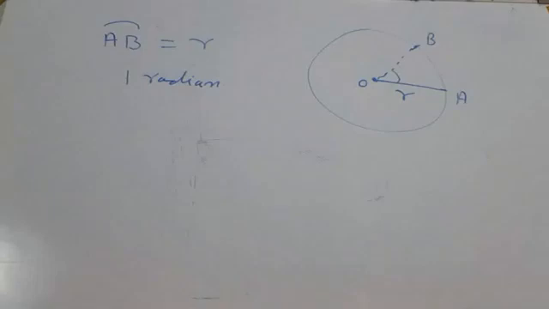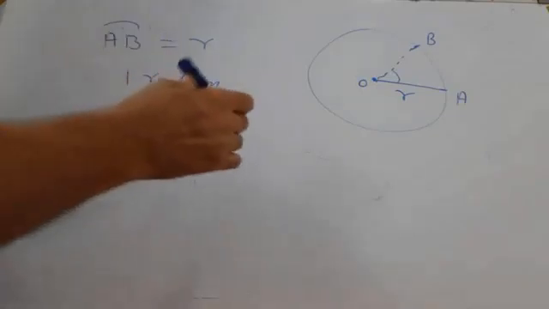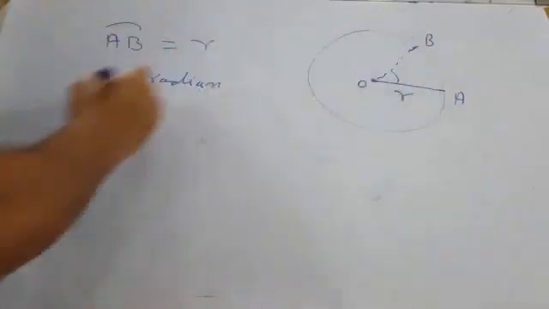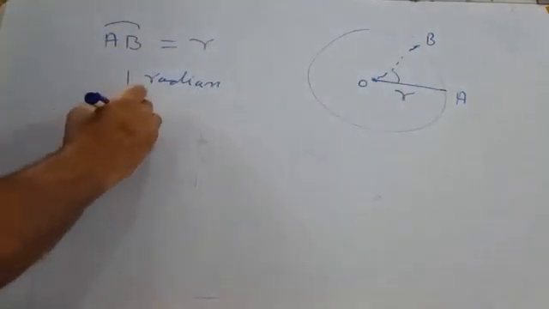Now, the question is, what is the relation with degrees? We have studied angles in degrees, 60 degree, 30 degree. In one rotation, the total angle is 360 degree. So what is the relation between radians and degrees? The total circumference is 2 pi r.